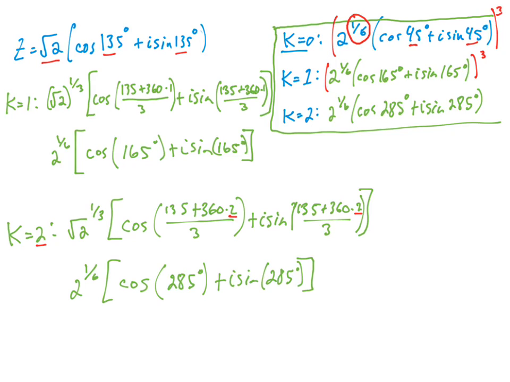And then 165 times 3 is 495. But that's coterminal with 135. So that's, again, how we're going to get that 135 degrees. And the same thing would happen when k is equal to 2. If we raise that to the third power, we're going to get back to where we started. So this is a way to see kind of what we're doing here. We're undoing the exponent when we take a root. So to redo that root, we raise it to that given exponent.